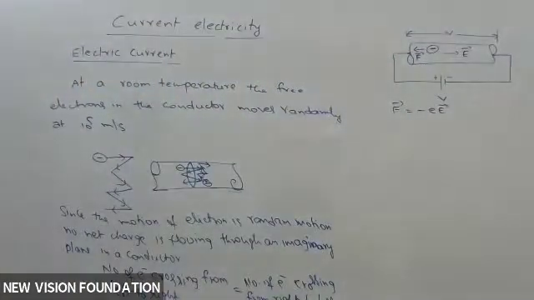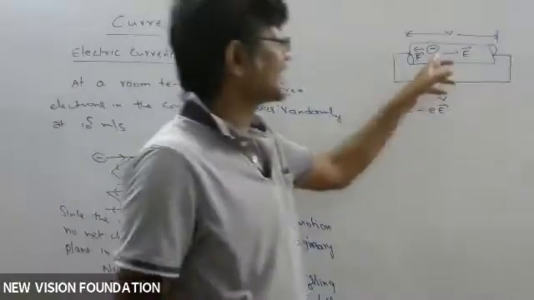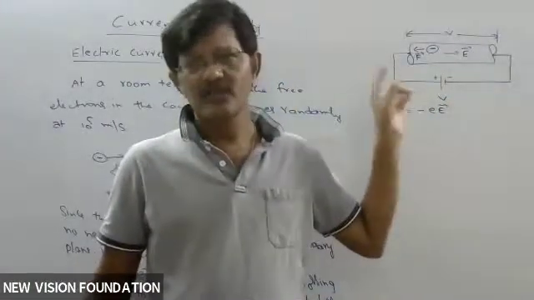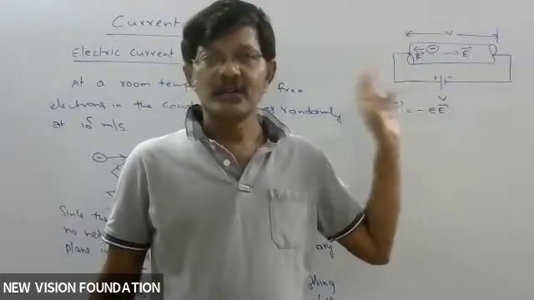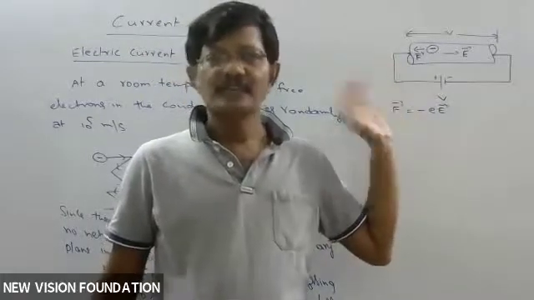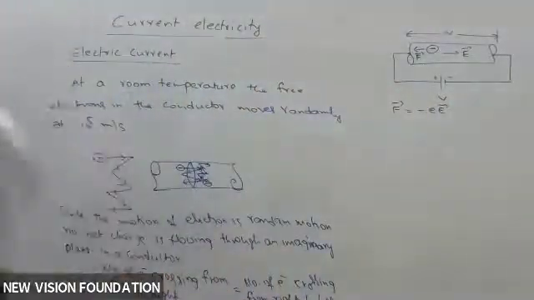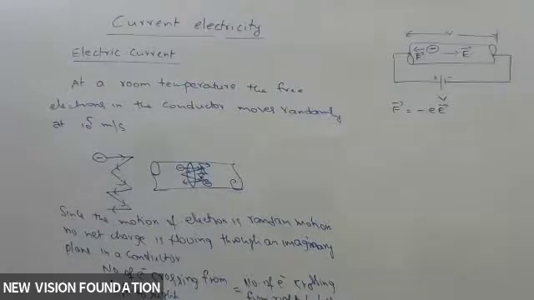In the direction of the electric field, potential decreases. Opposite to the direction of the electric field, potential increases. Therefore, we can say that this conduction electron, subjected to a force minus e E vector, starts to move opposite to the electric field, that is, in the direction of increasing potential.